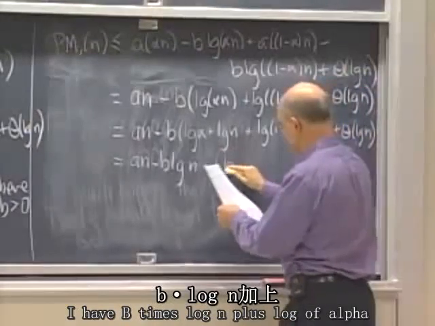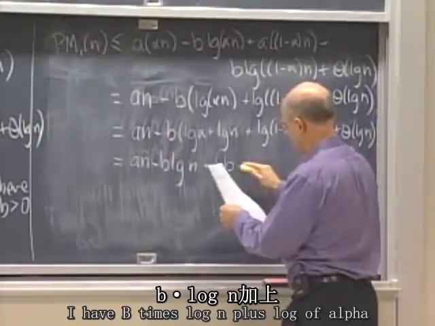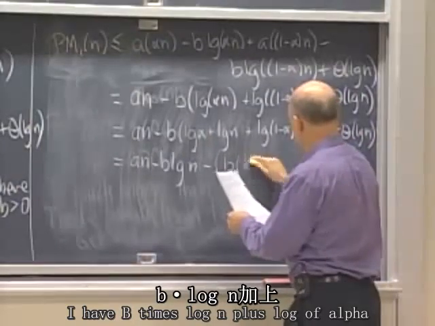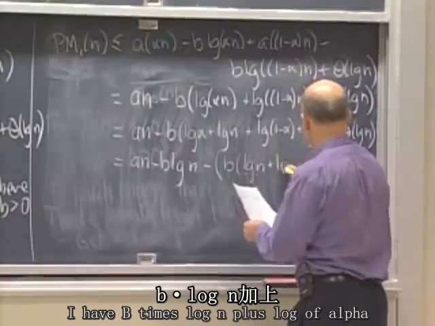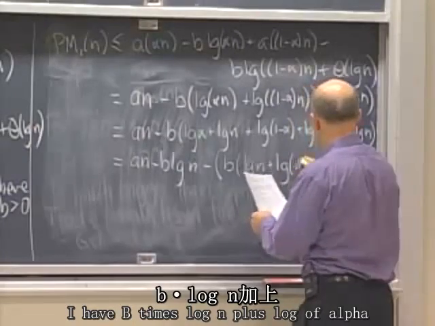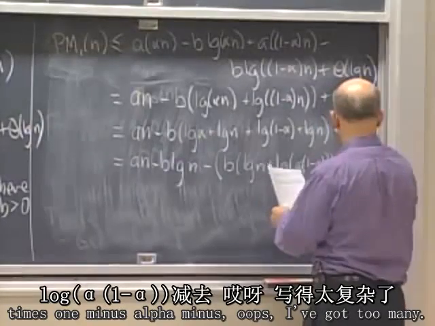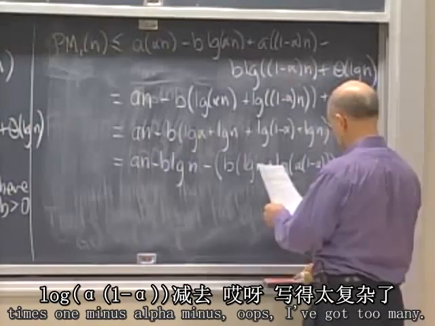I have b times log n plus log of alpha times 1 minus alpha, minus, whoops, I've got too many. Do I have the right number of closes?